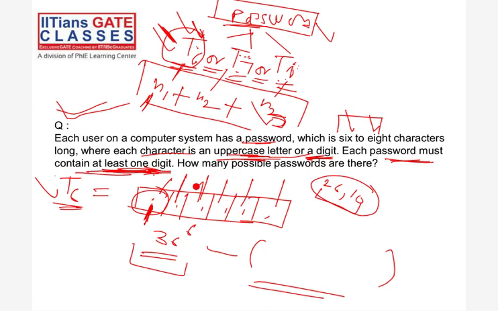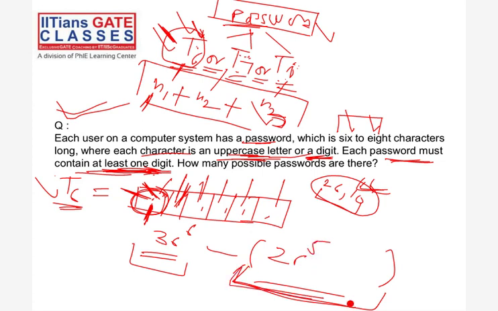How many passwords are there which do not contain any digit? If a password does not contain any digit, then I can put any of the 26 characters in each position. So this task can be completed in 26 ways, and again 26 ways, because I cannot put a digit here. So how many ways are there? 26 power 6.